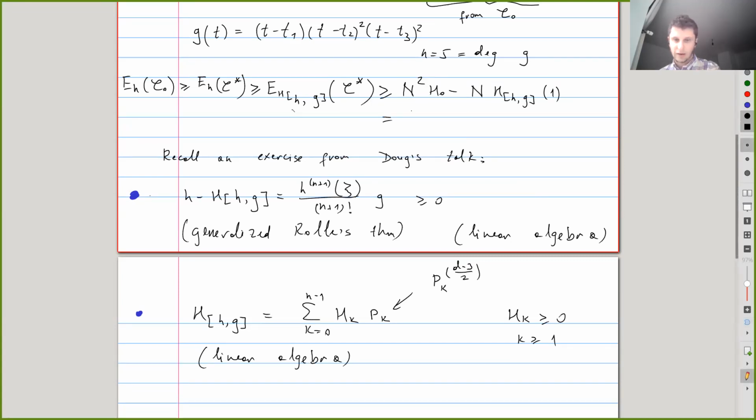You just check whether this is equal to, and that's it. And if it does check out, then you're golden. Then you know that C0 is a global minimizer. Okay.